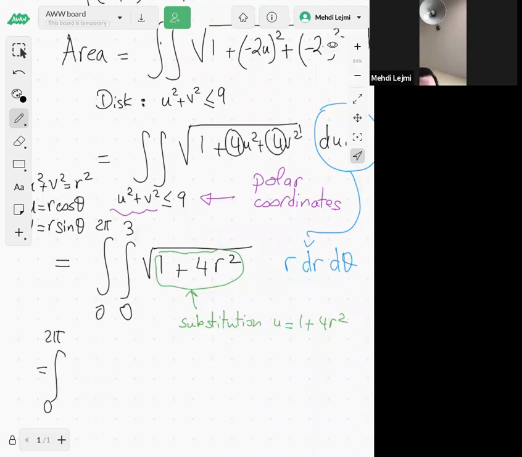And so the integral here would be 1 plus 4r squared to the power 3 over 2, and you need to divide by the reciprocal, that's 2/3. And what else do you need? The derivative is 8r. There's an r here, so you need to divide by 8 here. And r between 0 and 3, d theta.